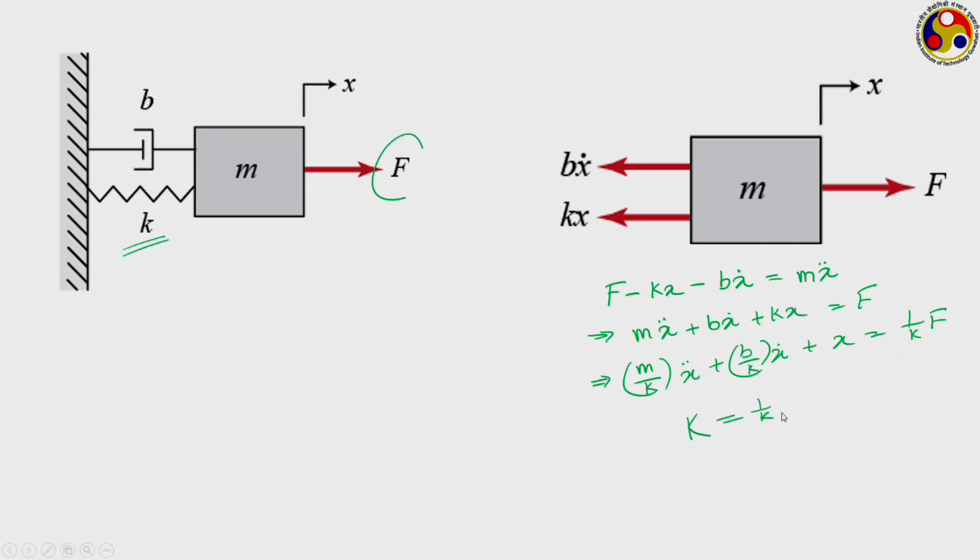So, 1 by small k is the static sensitivity, omega n will be equal to root over k by m, and what will be your choice for zeta? Zeta will be equal to b by twice root over m k. So, this way we can get the expressions for natural frequency and damping ratio.